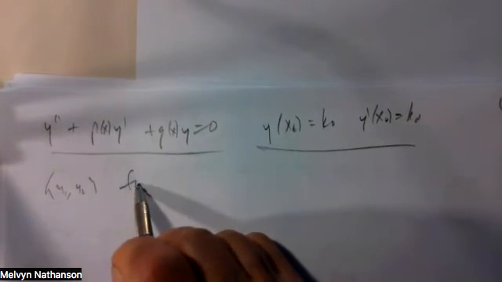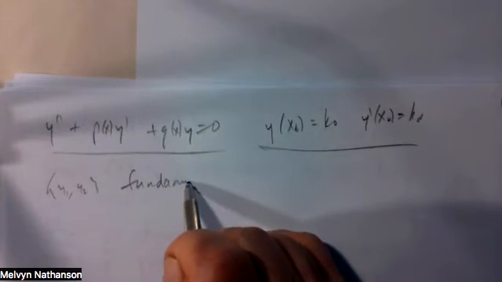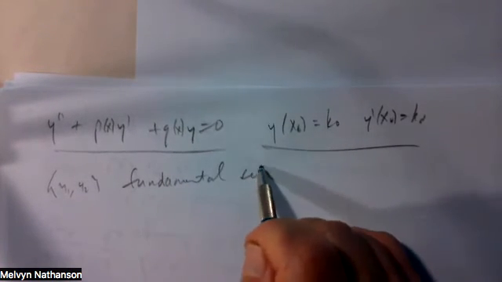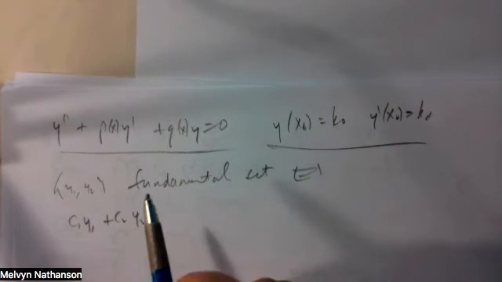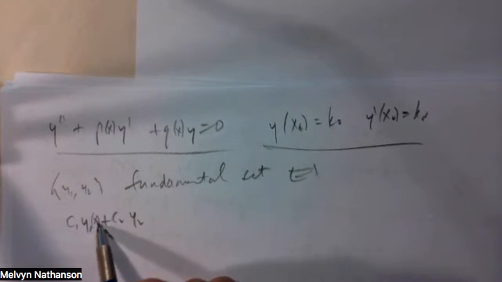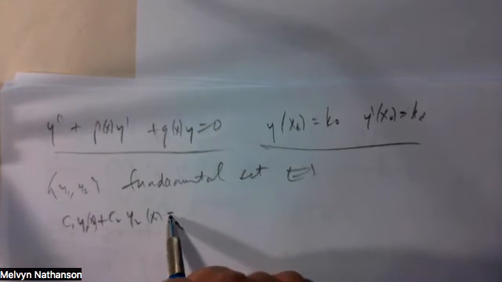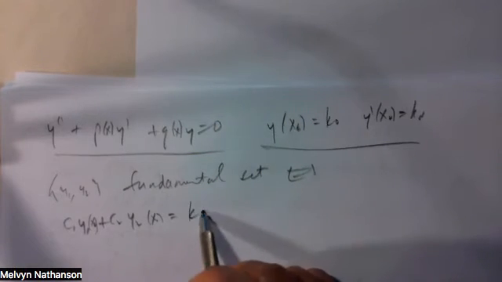Y1, Y2 is a fundamental set if and only if you can find some linear combination C1 Y1 plus C2 Y2 at X naught equal to K naught.